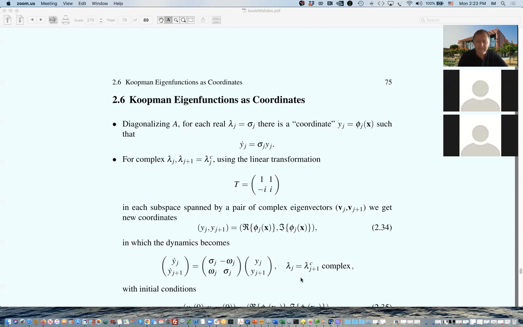So in the case when we have the complex conjugate pair of eigenvalues, we get this equation that should remind you of mass spring damper equations, where sigma j, if it's less than 0, would be the damping coefficient, and omega j would be the natural frequency.